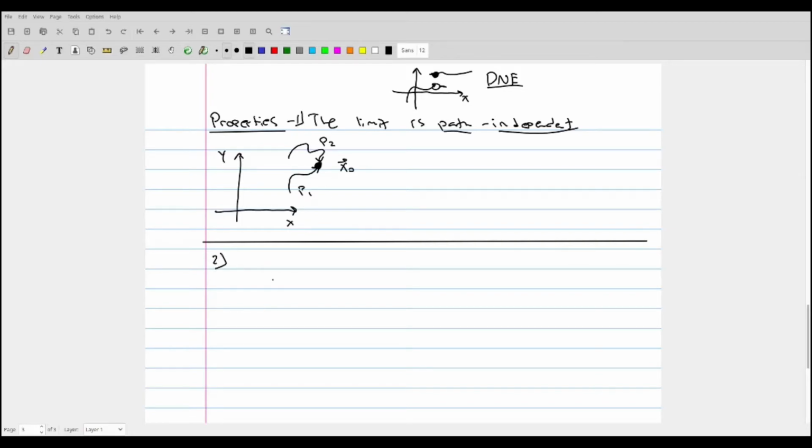Another property that's interesting to point out is that you cannot use L'Hopital's rule for multivariable functions. So there is no L'Hopital's rule for functions of more than one variable.